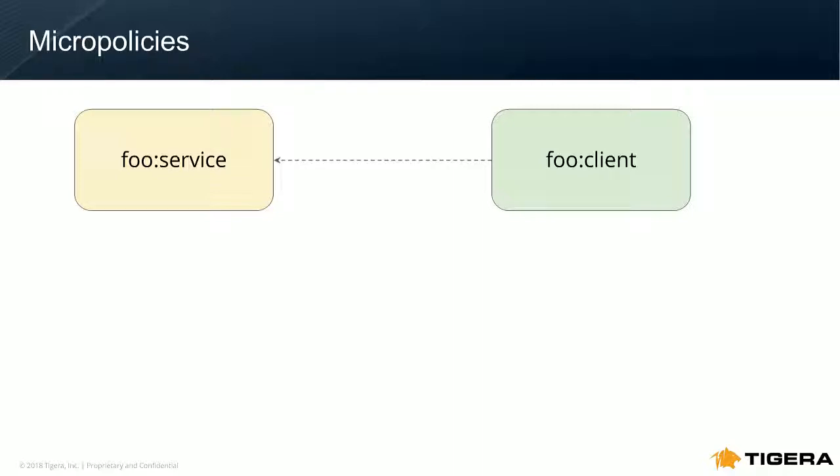Instead of saying Bob should be able to do all these things, maybe the things that are Bob's have different characteristics. Maybe they're a foo server or a foo client. So you can have a policy that says maybe Alice is also a foo server.